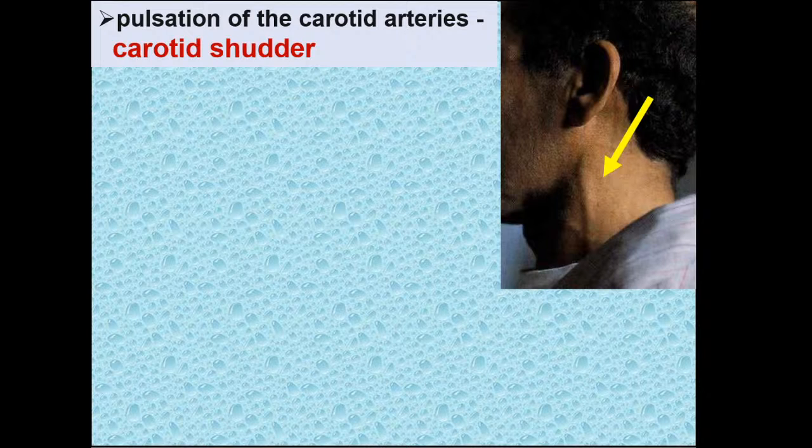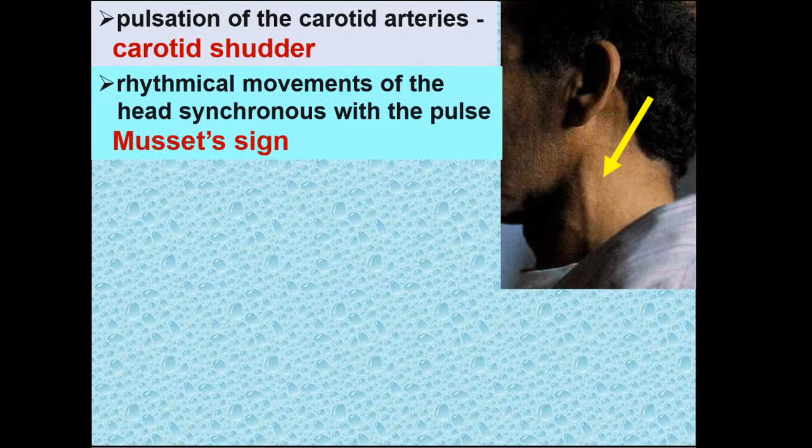We see it dilated during the systolic period and collapsed during the diastolic. Dilation and collapse is visible as pulsation of the carotid artery, which is called carotid shuddering. The same mechanism causes rhythmic movements of the head, synchronous with pulsation of the carotid artery and peripheral pulse. This is Musset's sign, which is also characteristic only for aortic regurgitation.